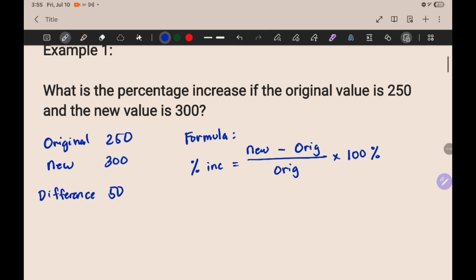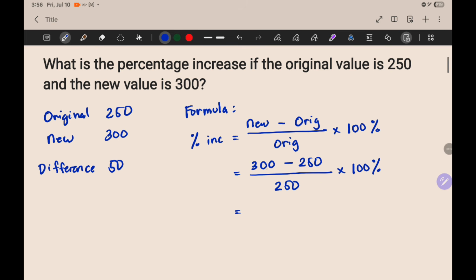So, using this formula, isa-substitute lang natin yung given values. The new value is 300, so 300 minus the original value which is 250, all over 250. Then, we multiply it by 100%.